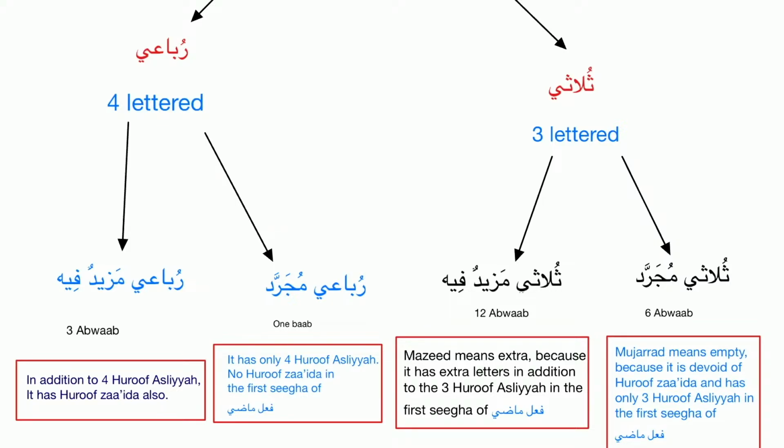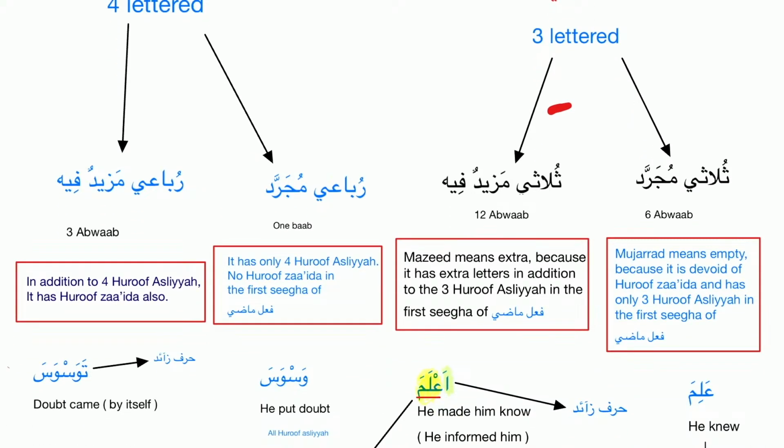Sulasi mujarrad. And if a fi'l has 3 huruf asliya, but we added something for our special need, so that one will be called what? Sulasi mazidun fih. Okay?